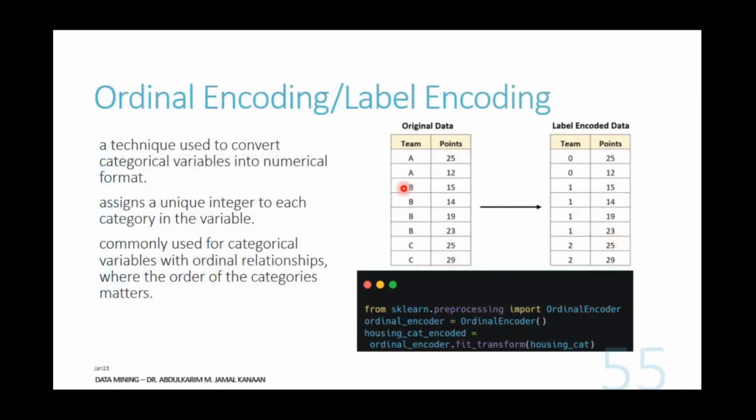Here I also put label encoding. If you have a target variable also with labels, let's say like team, and you are predicting which team is going to participate in the event, team A, team B, team C, then there's also a label encoder you can use in Python. What is the difference between the ordinal encoder and the label encoder? The ordinal encoder gives you the capability to provide the actual ranking. How will Python understand, for example, that team A must be the highest, then team B, team C?